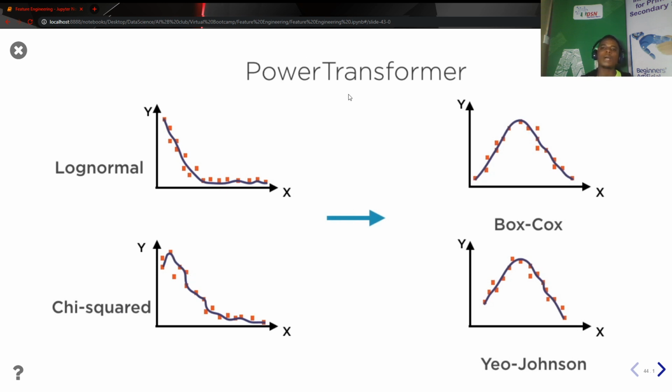Now, with the power transform, using the Box-Cox strategy, we have been able to transform the log normal distribution into something very close to Gaussian distribution. Also, if we look at the chi-square, we have been able to use the power transform to transform it to something very close to Gaussian distribution.